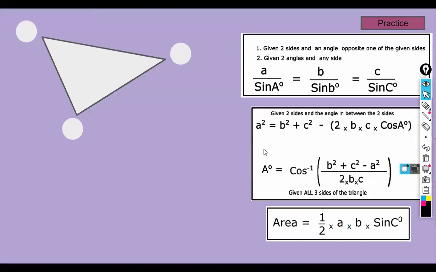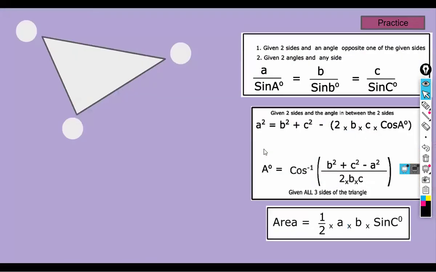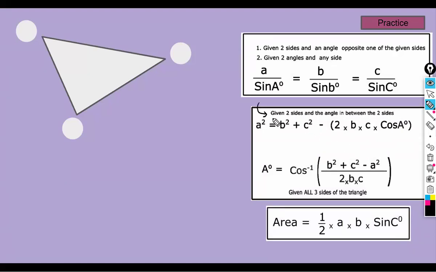All right, so let's move to the different rule now, the cosine rule. You can use it under specific conditions. You can use it if you're given 2 sides and the angle in between the 2 sides. Don't mix it up with this rule. I know the rules look almost the same.